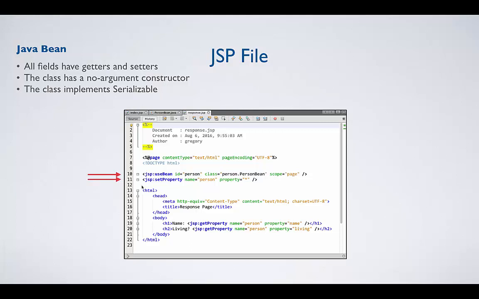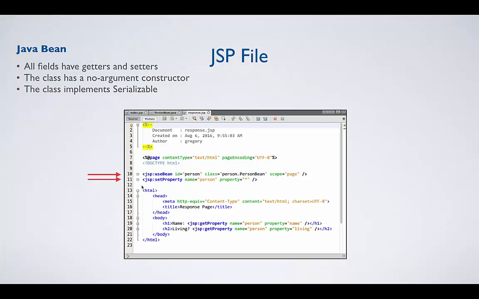This takes all of the parameters that have been passed in the request, regardless of whether it's a GET request or a POST request, and it uses them to set the Java Bean's fields. For this to work, the parameter names should be the same as the field names.